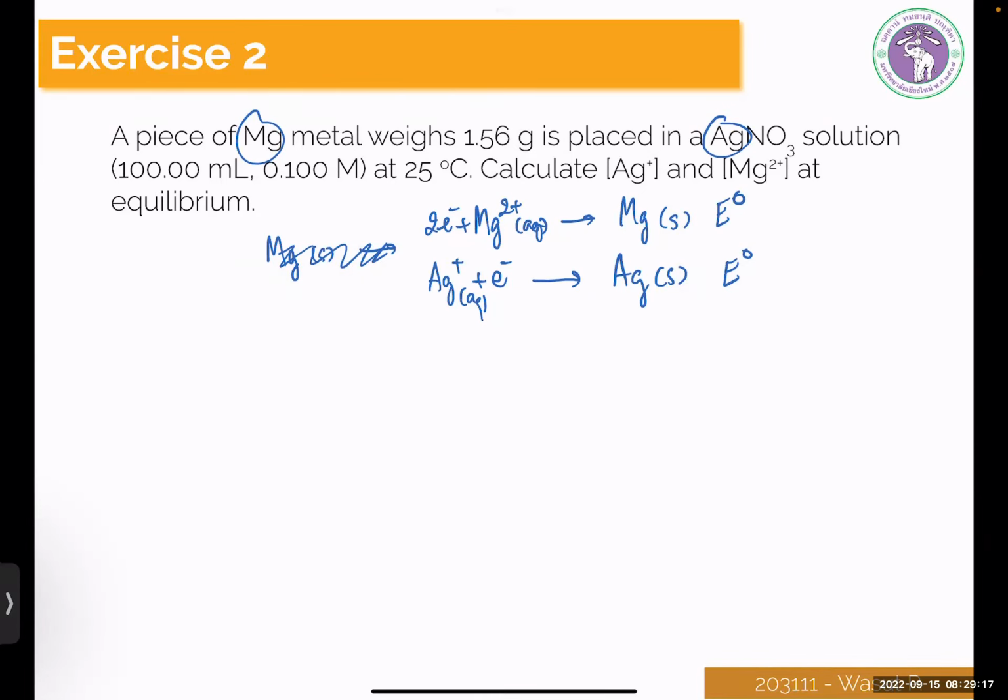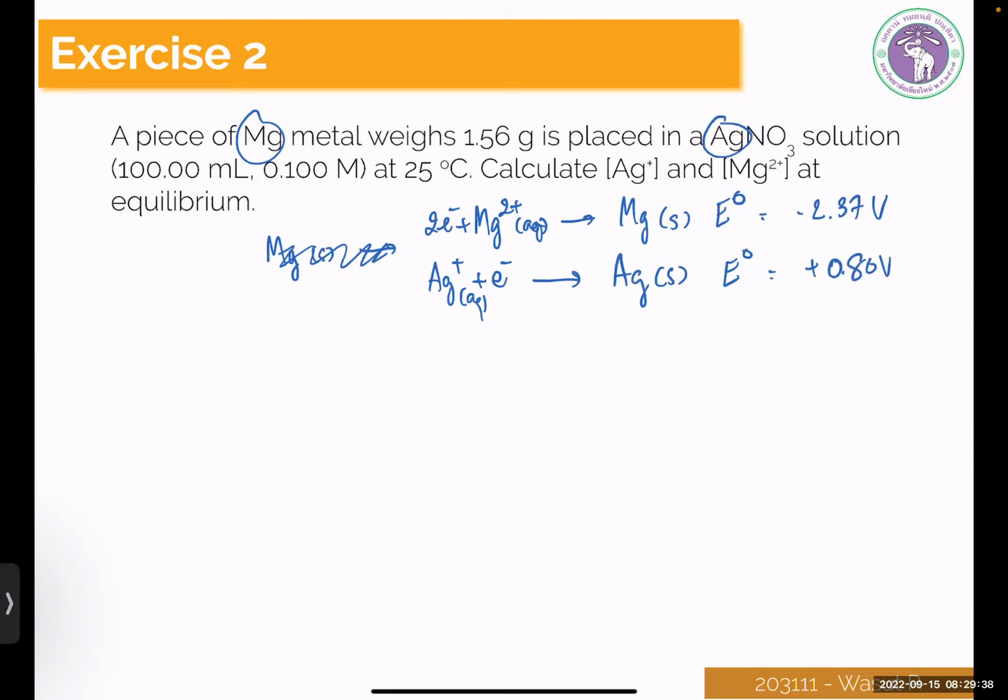Let's talk about magnesium first. What's the E naught of the magnesium half cell? Minus 2.37, right? What about silver? I guess it's plus 0.80, right? I remember, plus 0.80 volts.